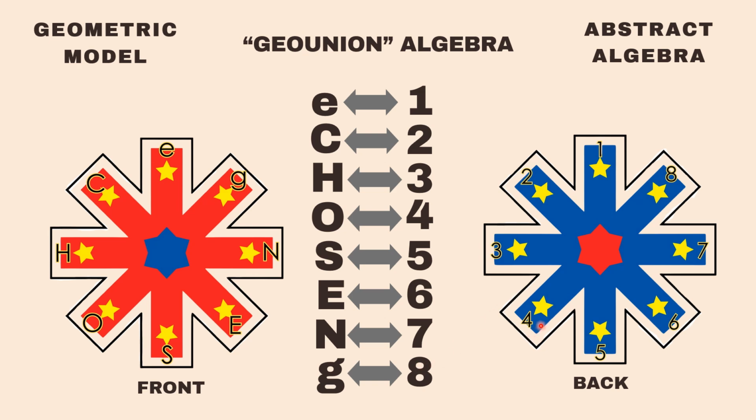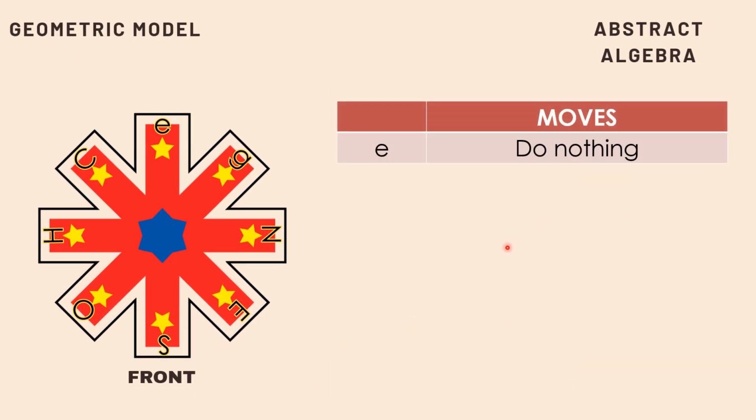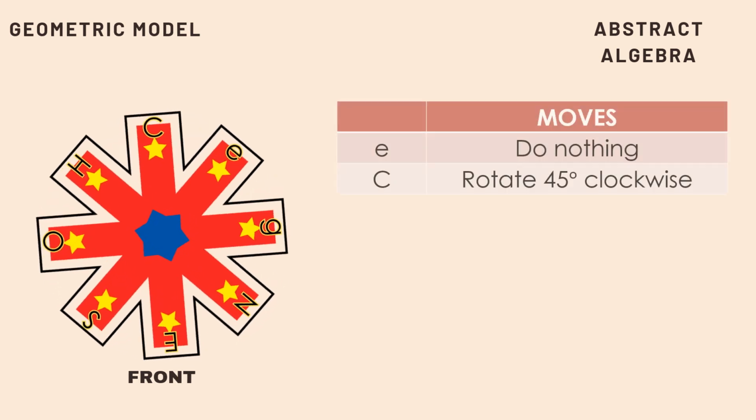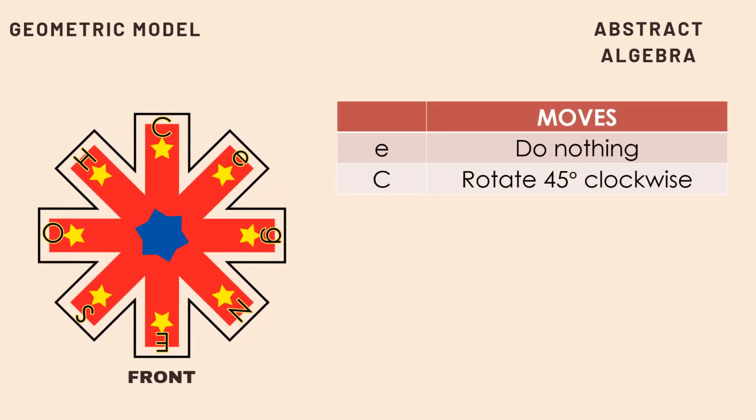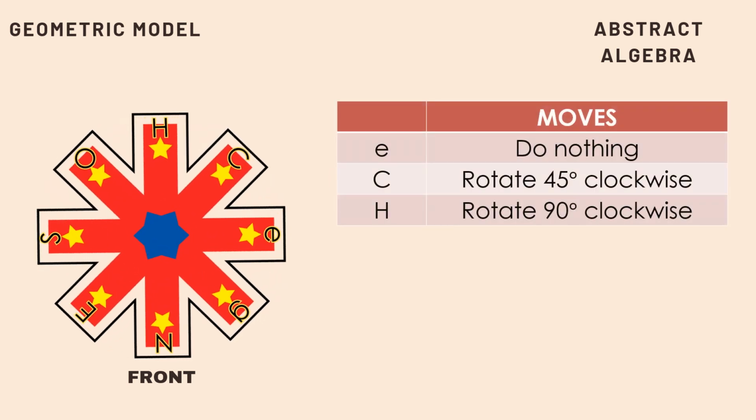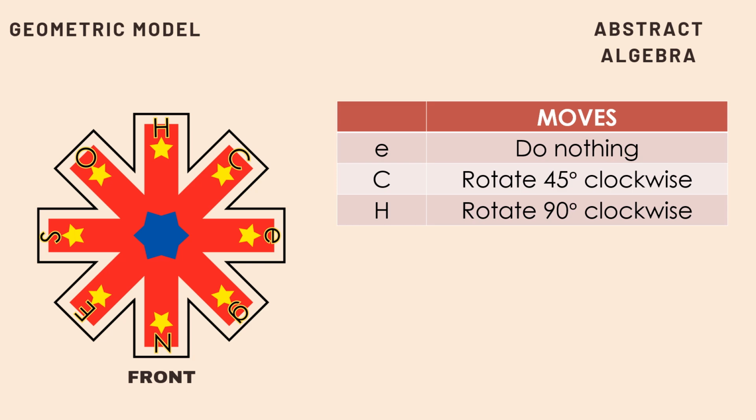Now let me present to you the moves that correspond to each symbol. First, e represents do nothing. C represents the move rotate 45 degrees clockwise. H represents the move rotate 90 degrees clockwise.